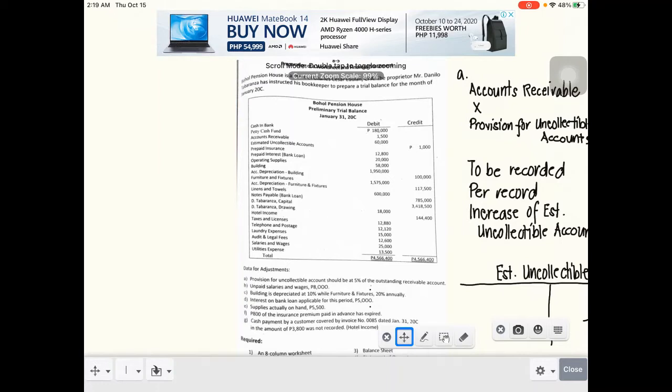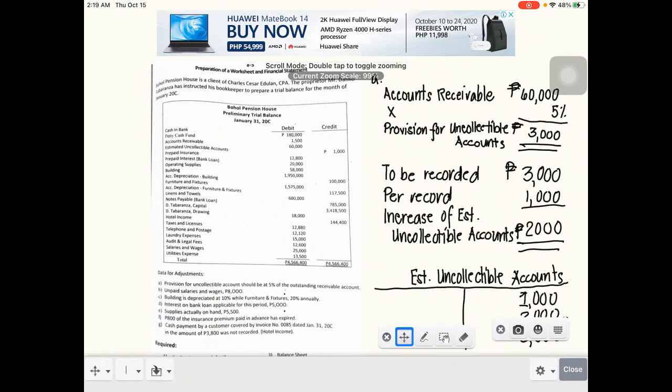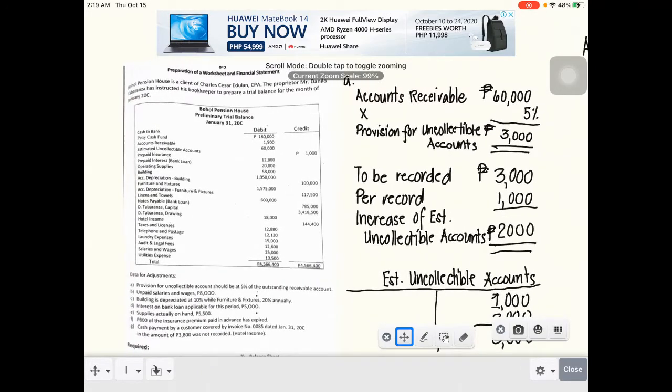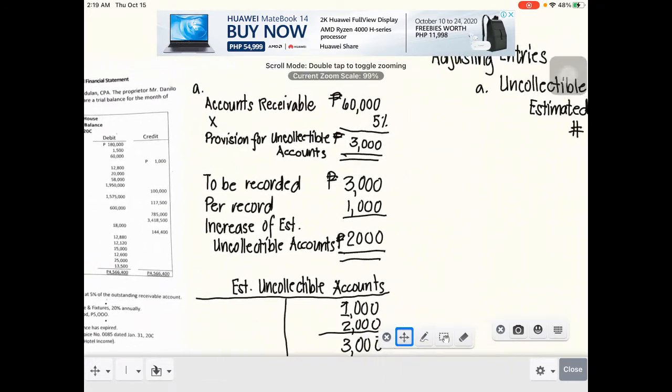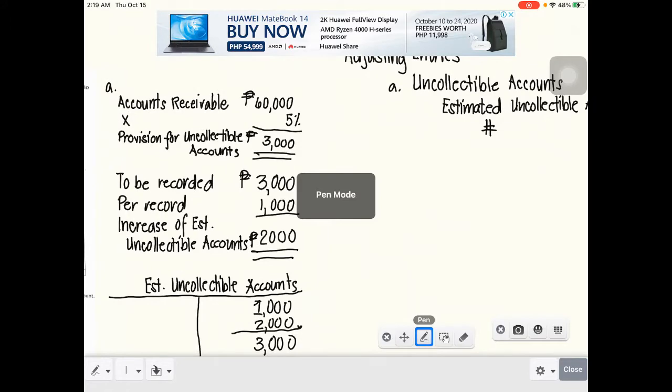So that is your accrued salaries payable or accrued expense. So unrecorded expense. So you have to record an expense, then record a liability.